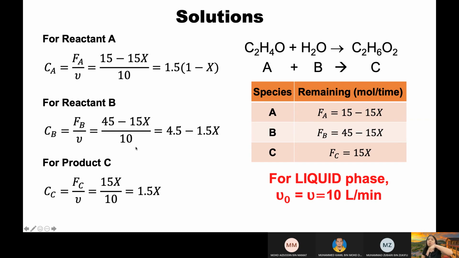Number with number, X with number, both terms on top must be divided by the bottom. You get 4.5 minus 1.5X, and subsequently for C, you will get 1.5X. So in this example, it is a bit complex because we don't know the value of X, the conversion. However, if you know the conversion value, then this is purely numbers already.